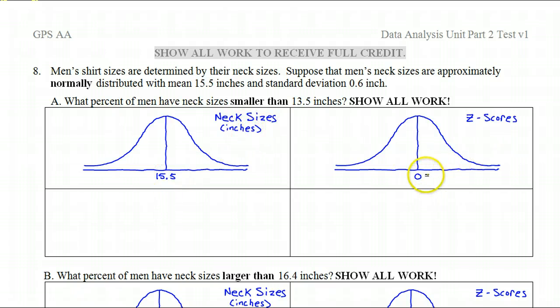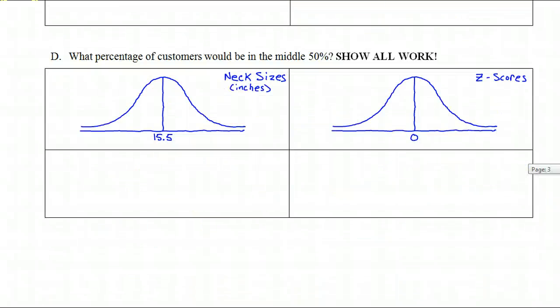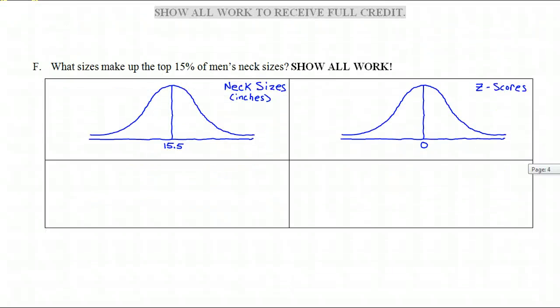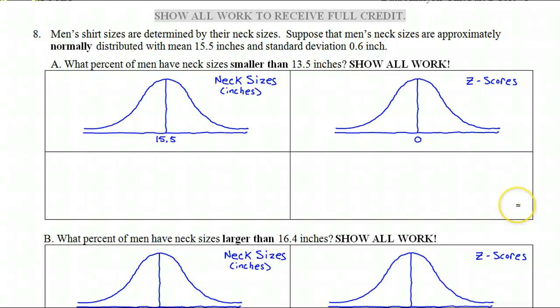And over here, of course, we're doing z-scores. You must label this graph z-scores. If you don't, you're going to lose points. And the middle z-score is always 0. Okay, the mean z-score is always 0. So I just recorded that information on all of the drawings, all 4 of them. Okay, and then we can go back and actually do them.